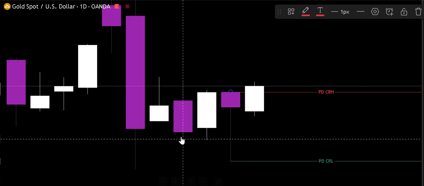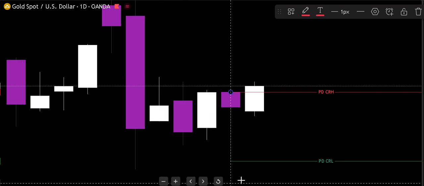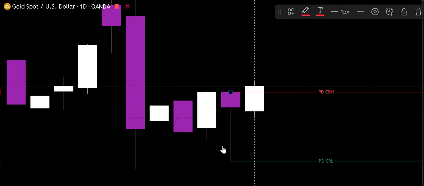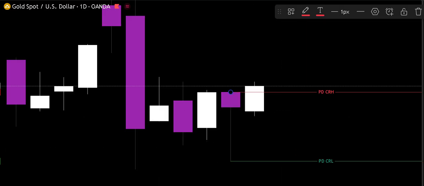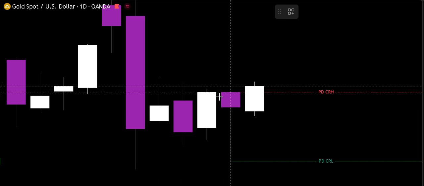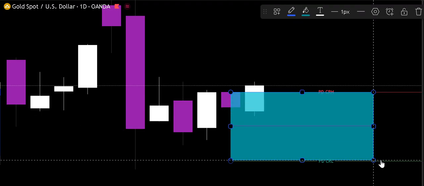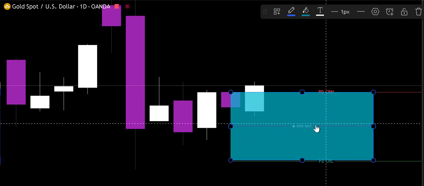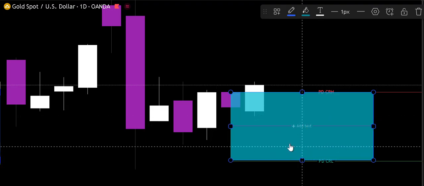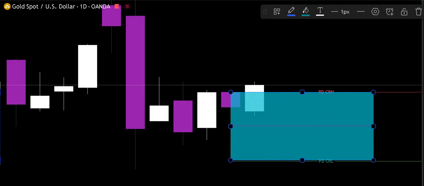After we get previous day CRH, we go to the second way to mark. You need to bring a divider. Make sure that the divider covers your area, from previous day CRH to previous day CRL. Then we need to bring the 50% again.